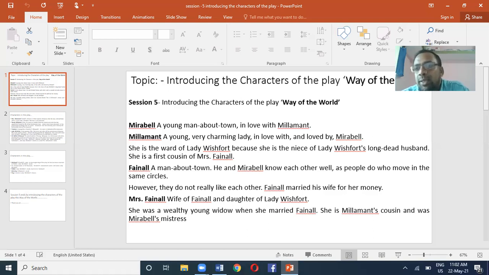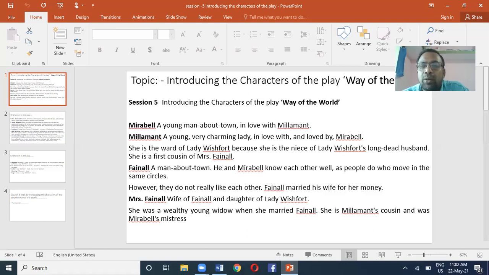Lady Wishford was a wealthy young widow. She had a daughter, Mrs. Fainall. And Fainall loved Mrs. Fainall for her money.